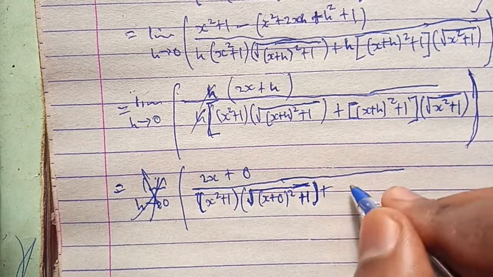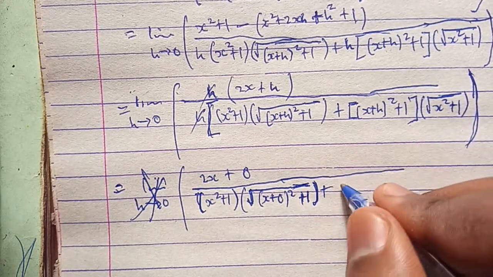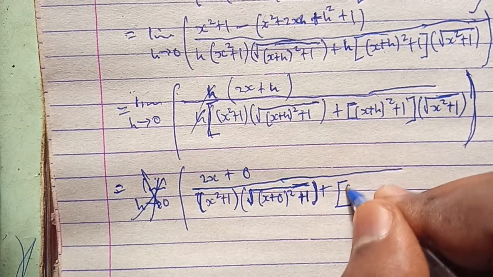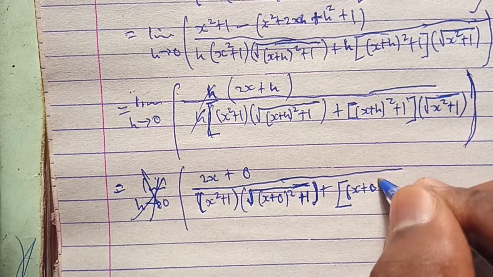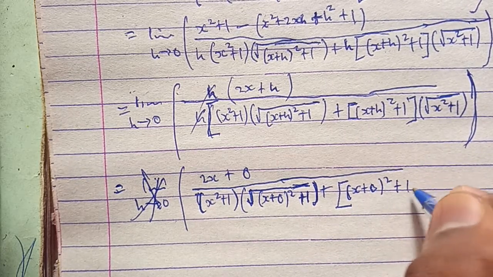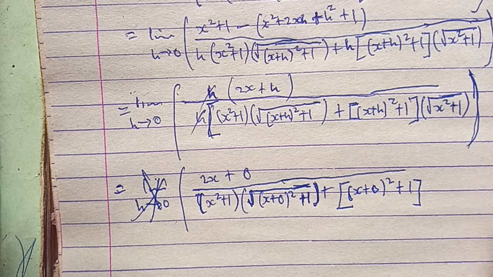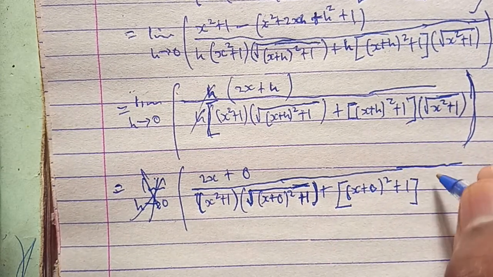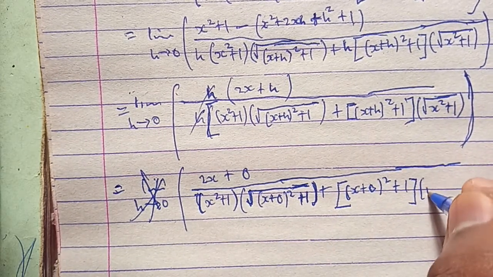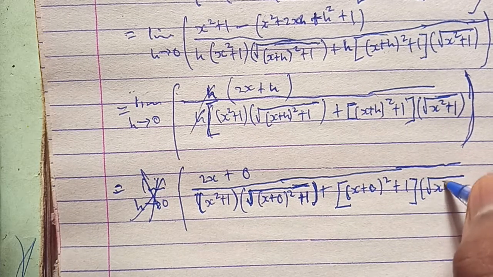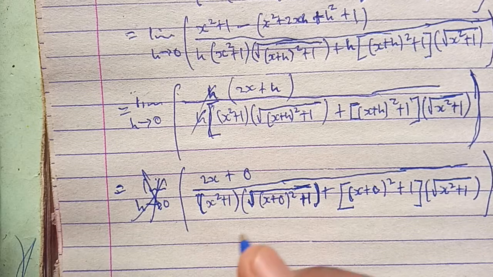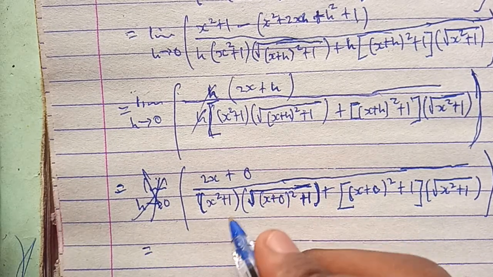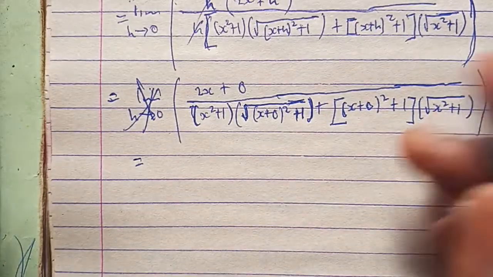Then plus another expression, square bracket open, another bracket open, (x plus 0) squared plus 1 bracket close, square bracket close. Then we'll have another bracket open, square root of x squared plus 1 bracket close. This is how we do. So guys, we'll get something like this.